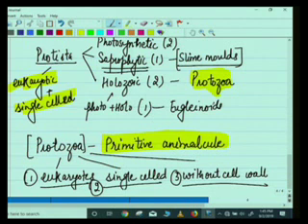Children, you told me you have done this chapter. Shillong, Itanagar, Senapati. Children, you need to answer this question, please.